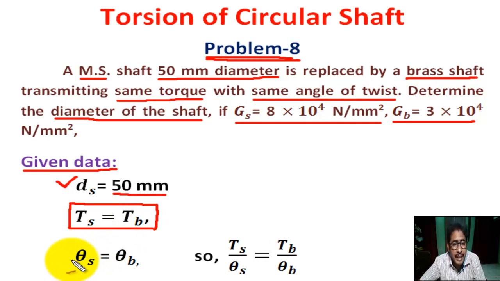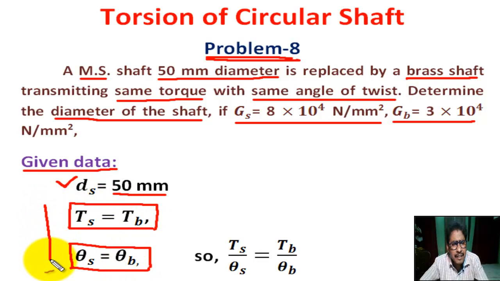Again, it is given theta S equal to theta B. Theta S is angle of twist of steel shaft, theta B is angle of twist of brass shaft.